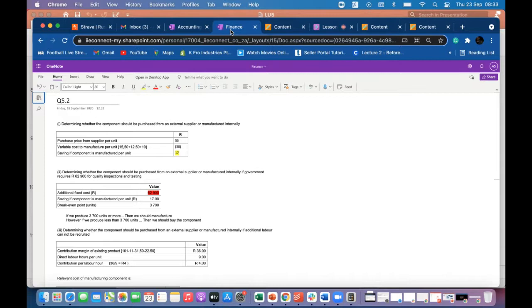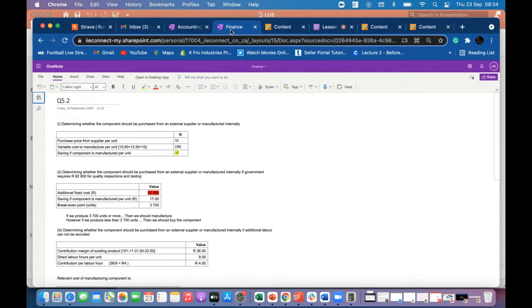The cost of the component, direct materials, all right, 15 Rand 50. Okay, then this is probably per unit. Direct labor. Oh, take note, when they say the manufacturing cost, that means the cost to us if we're to make this ourselves. Right, direct labor, 5 Rand at 5 hours at 2 Rand 50 per hour.